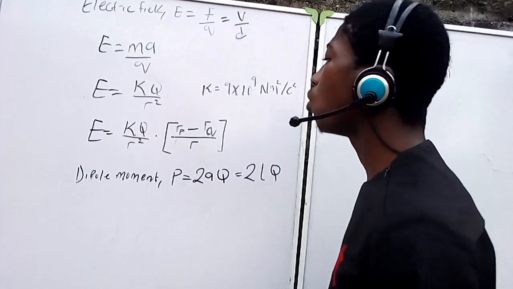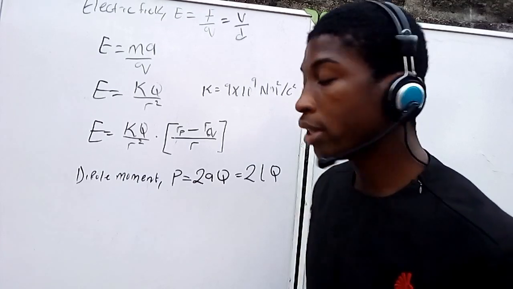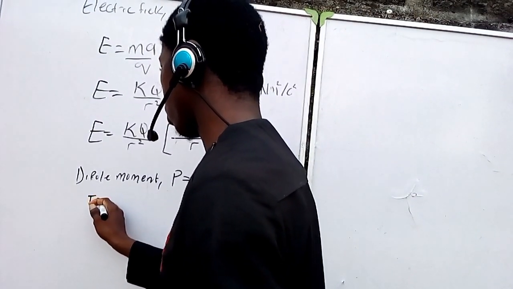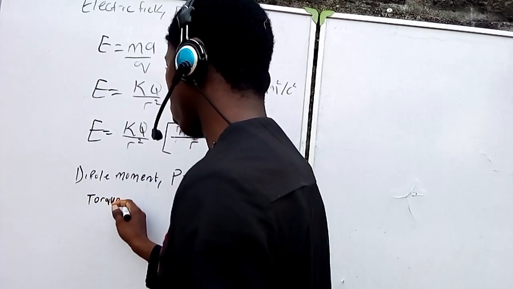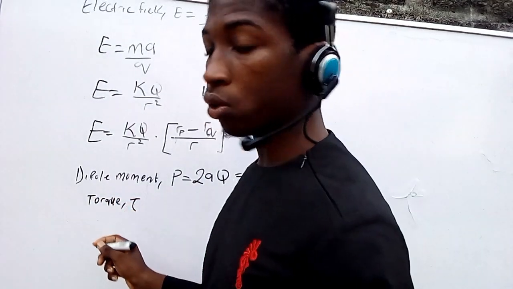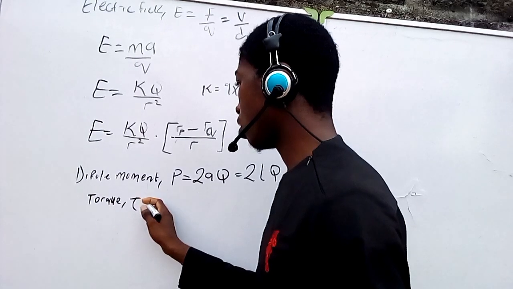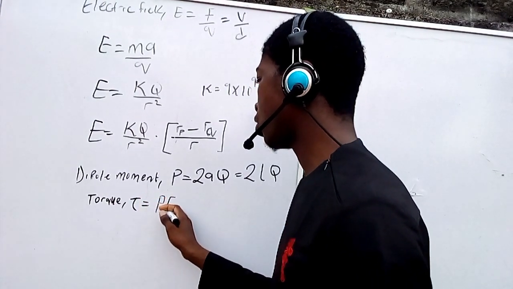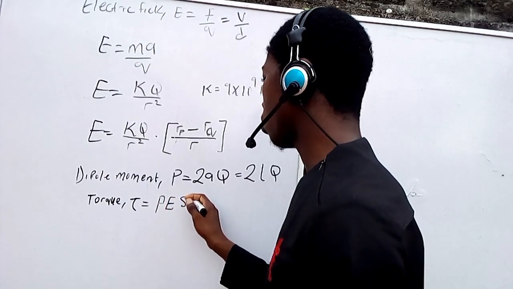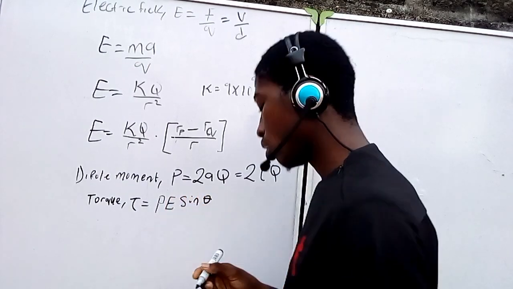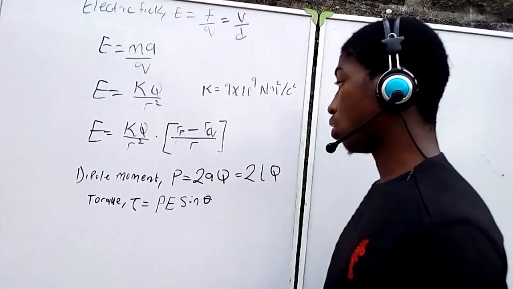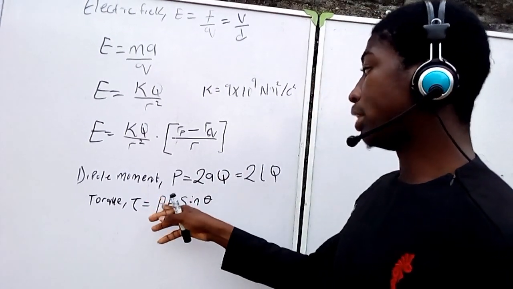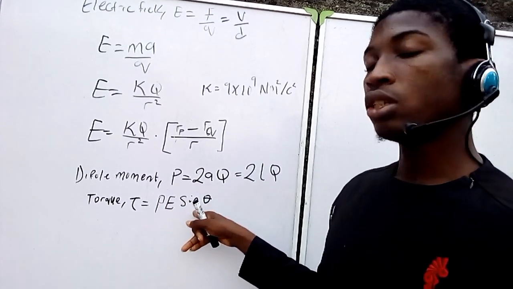Now there's something we call the torque. We use tau for torque, which is equal to the dipole moment times the electric field times sine theta. This is torque. The torque experienced by an atom, by a molecule, is equal to the dipole moment times the electric field times sine theta.